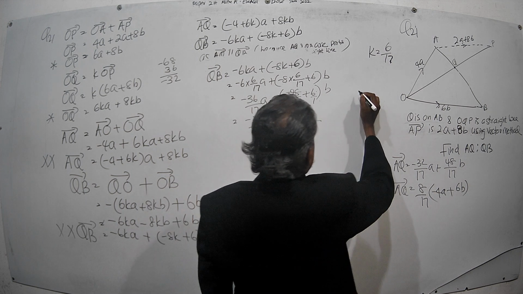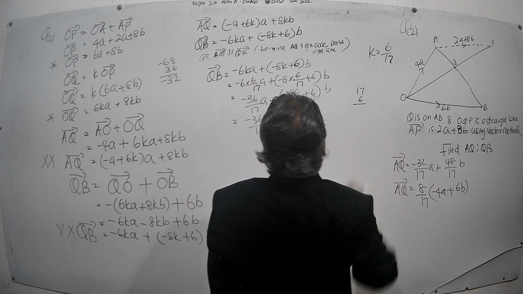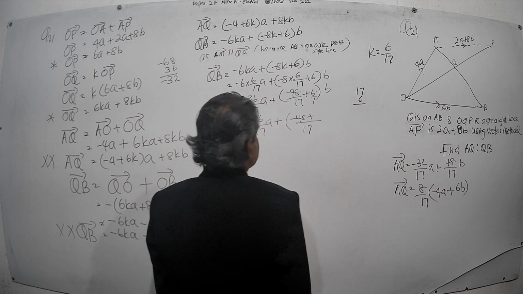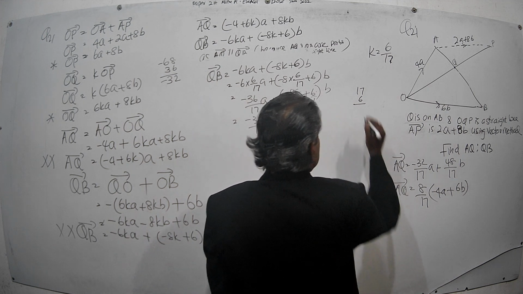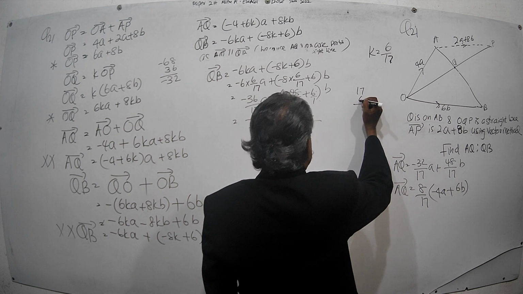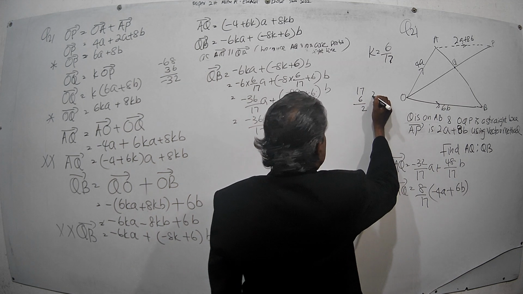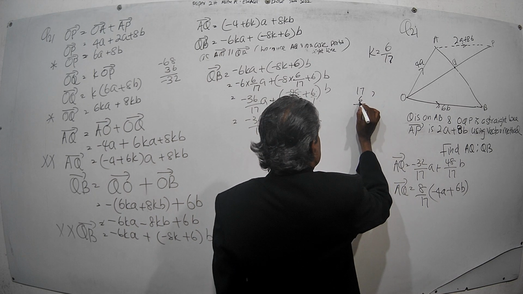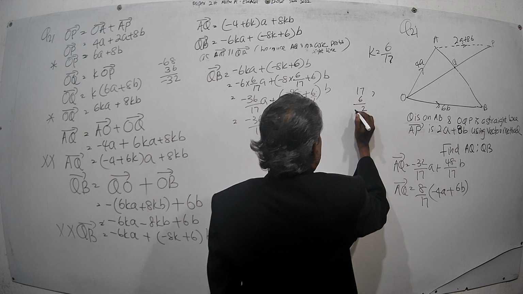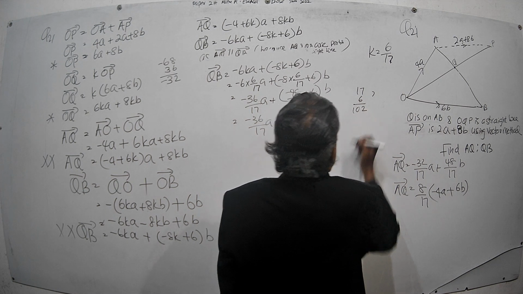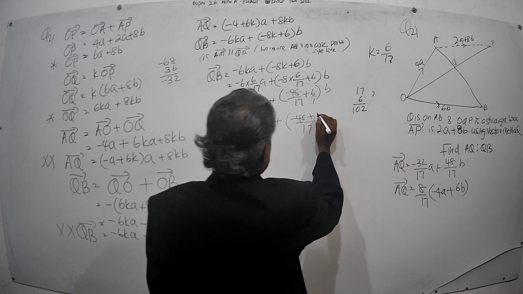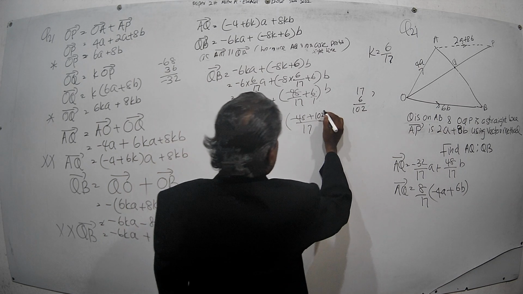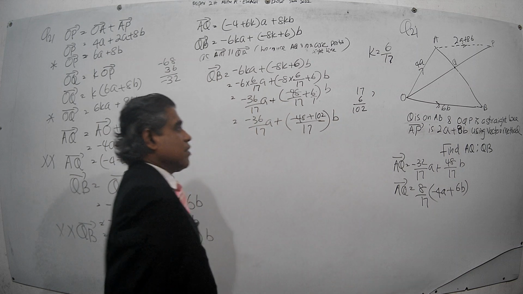Then 6 multiplied by 17, how much? 6 times 7 is 42, then 4 is left. Then 6 times 1 is 6, plus 4, 10. So here it will be 102, times b.